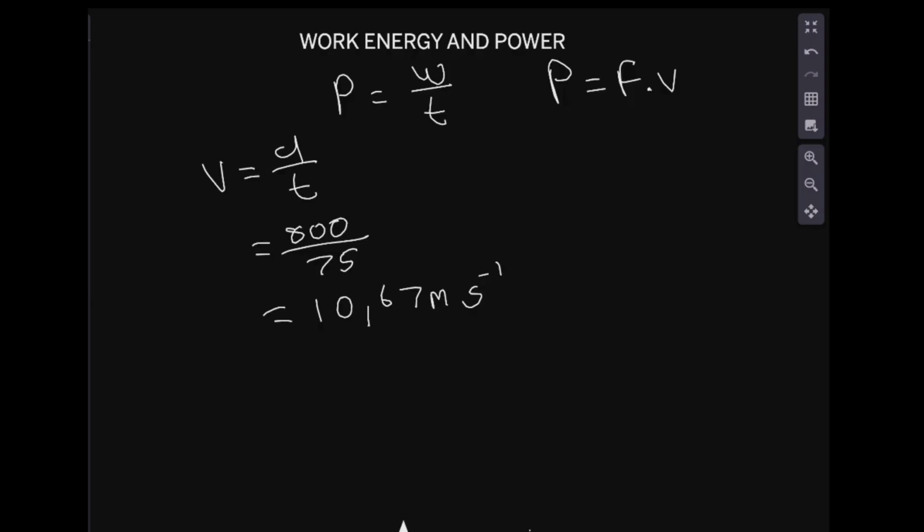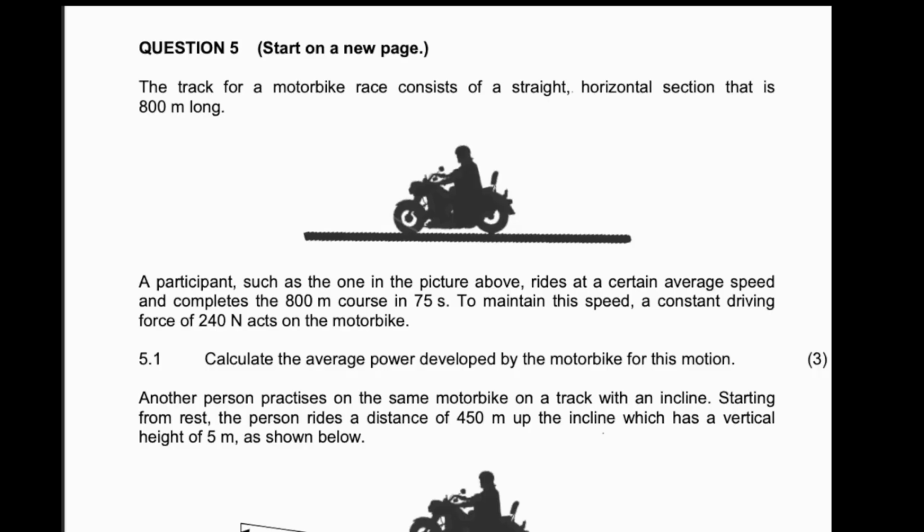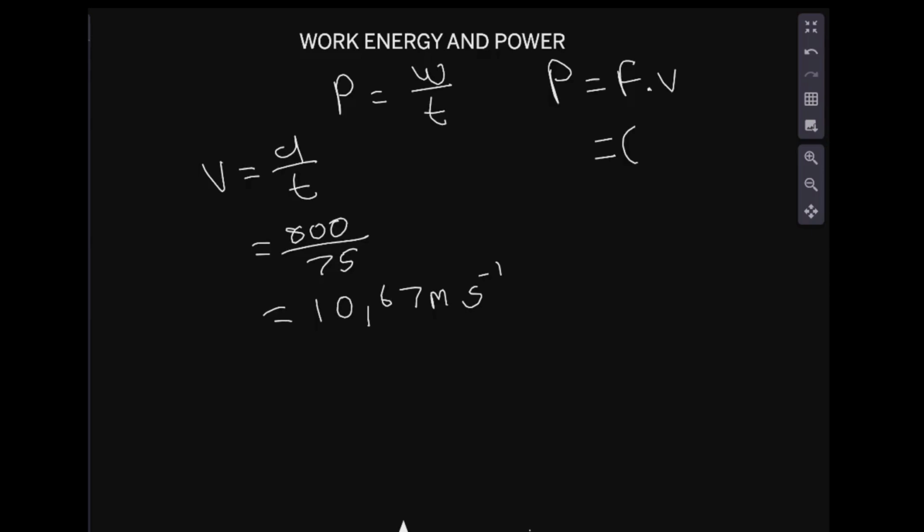Now, we can come back to this formula and say what was the average force, sorry. Let's go back here. The force was 240 newtons. So we can say that 240 newtons multiplied by 10.67.